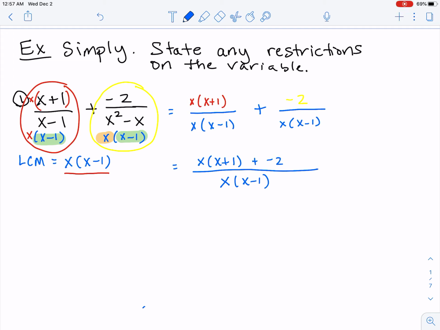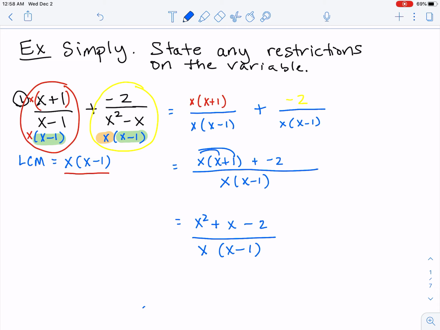All right, well, combine like terms. I'm going to go ahead and distribute here and get x squared plus x minus 2 all over x times x minus 1. All right. So with that simplified, I need to now factor the numerator if I can. Notice I said if I can.